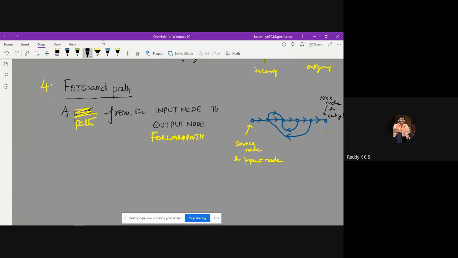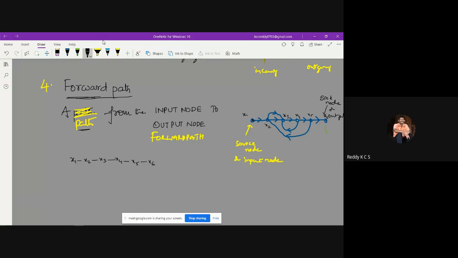When I want to define the forward path, it is a path from the input node to the output node. This is the input one and this is the output. So how do you reach from input to output? There is a straight path. If I define this as x1, this as x2, this as x3, this as x4, and x5 and x6, then from x1 I can go to x2, then x2 to x3, then x2 to x4, then x5, and then to x6.